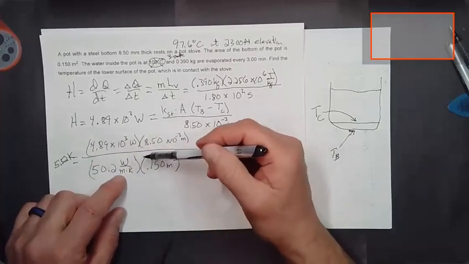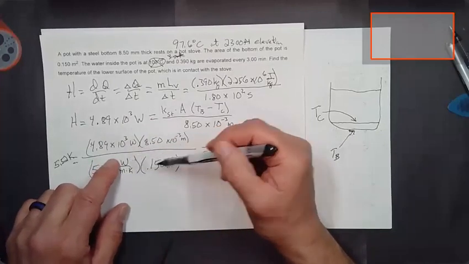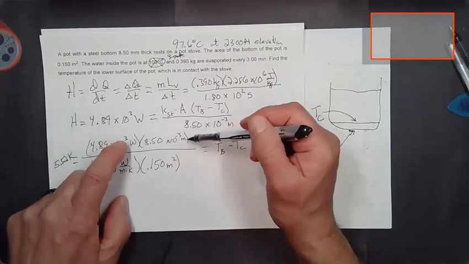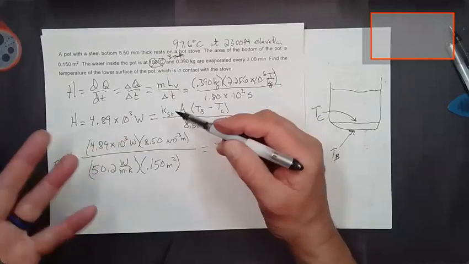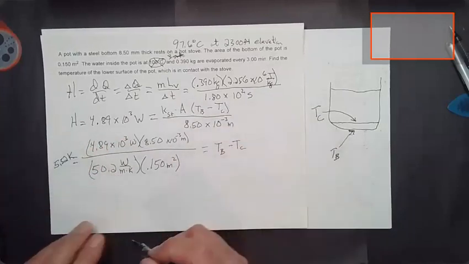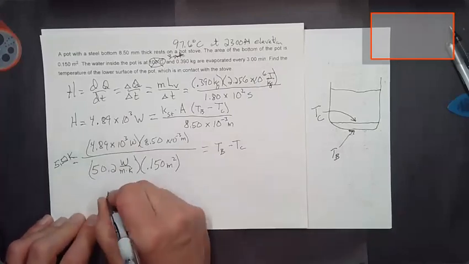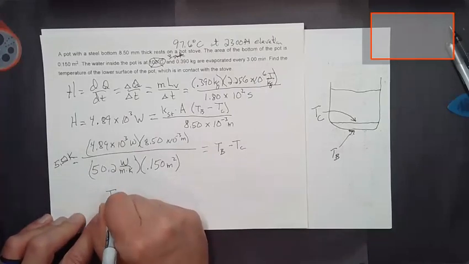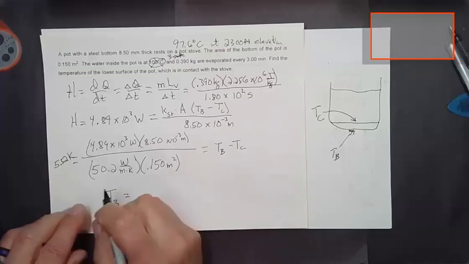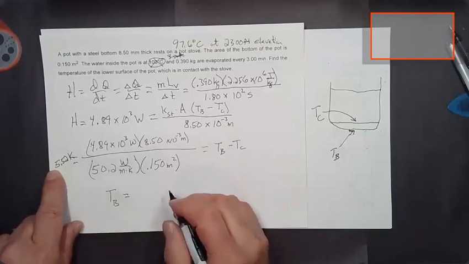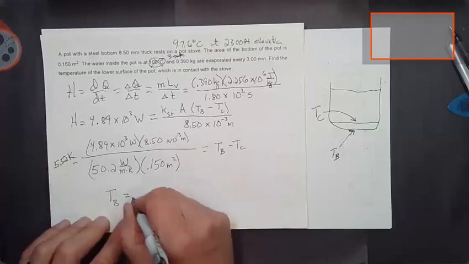Back here, this is meters squared, so I'd have watt meters per Kelvin. I've got watt meters on top, so the watt meters divide out and I'll end up with Kelvin for the temperature. And that's TB minus TC, and that means that TB will equal, by the way, this is a temperature difference, so it can be expressed in degrees Celsius as well.